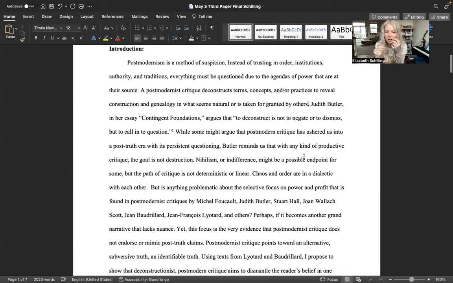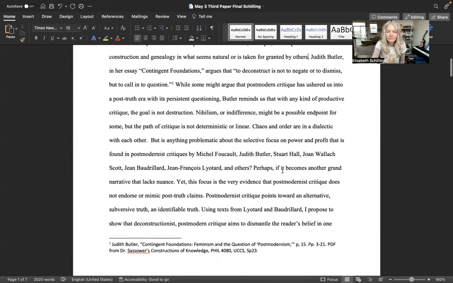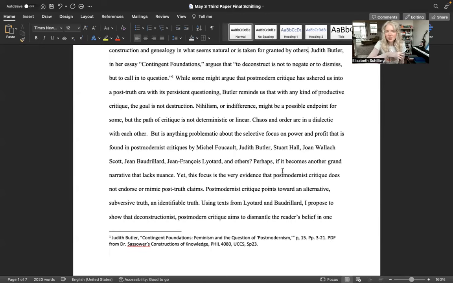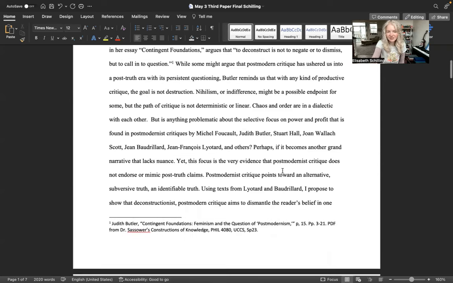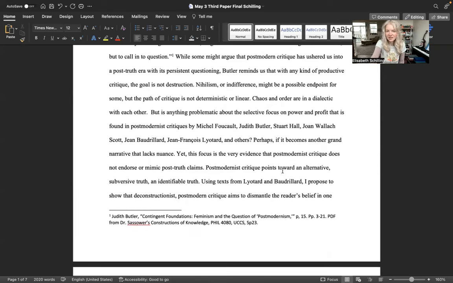So I not only want to clarify and, in a sense, defend postmodernism from being too in alignment with the post-truth era, I also want to critique it. I'm saying that postmodernist critiques might have a problematic focus on power and profit that makes us all suspicious, kind of like conspiracy theorists, I guess.